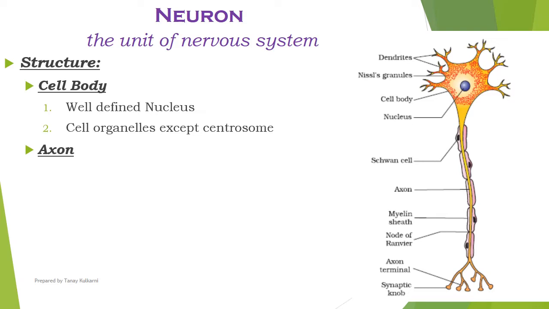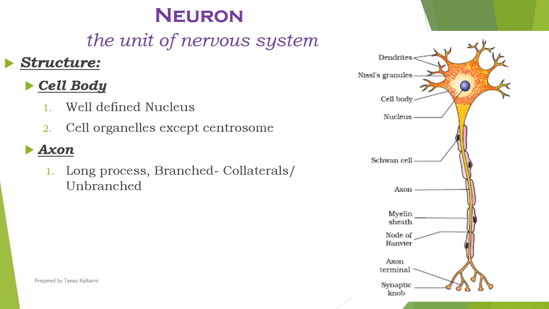division. Second is axon. It is a long process, arises from the cell body and continues into a number of branches. We call them axon terminals. Sometimes these axons have lateral branches, we call them collaterals, and sometimes these axons do not have any branch, we call it an unbranched axon.